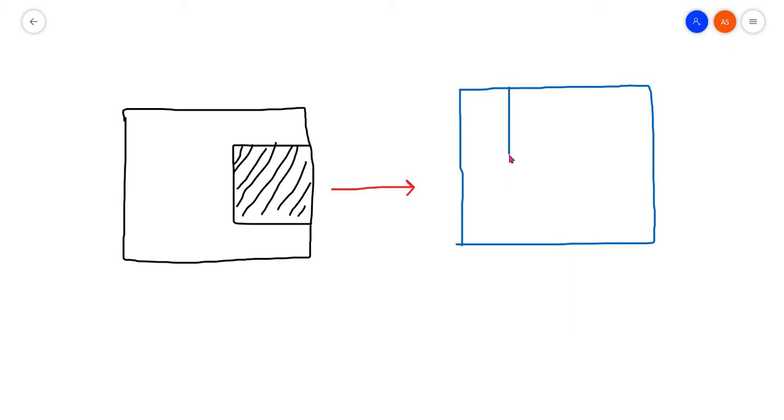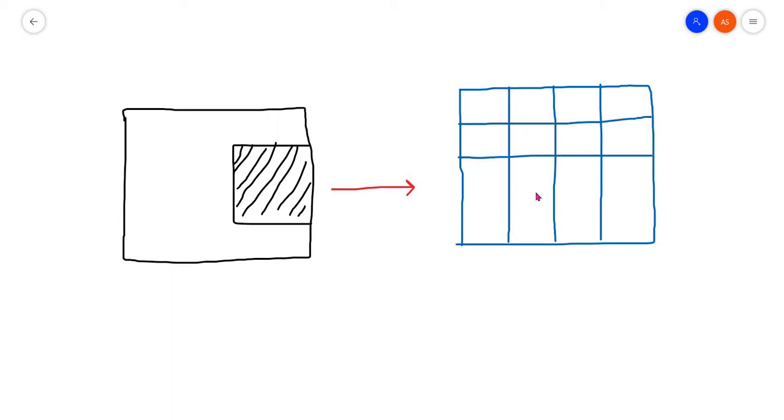So there is 1, 2, and 3. And similarly the other way: 1, 2, 3. Okay. So when we represent the map of the real world in a discrete format, it means that these will be obstacles.